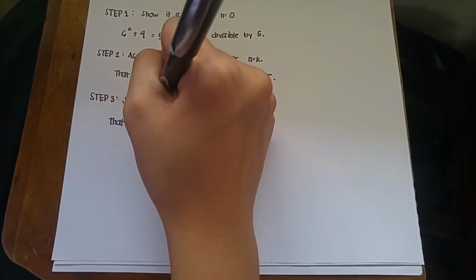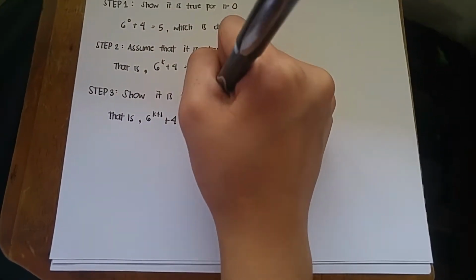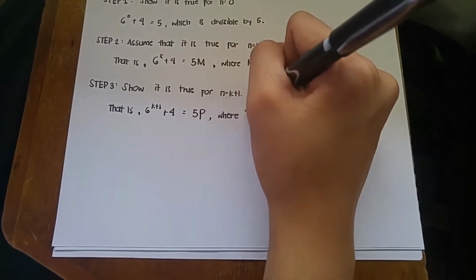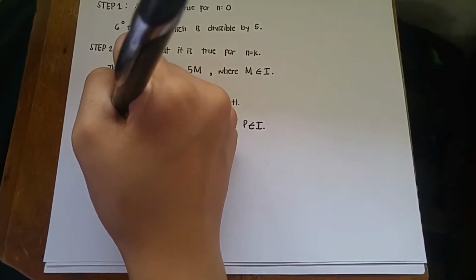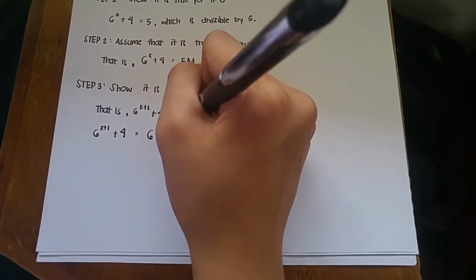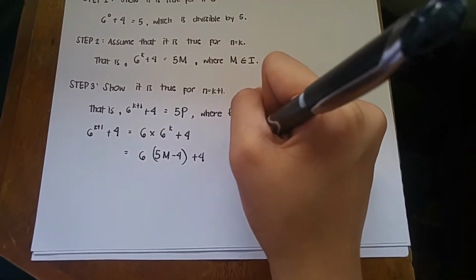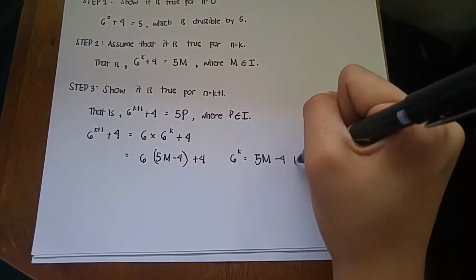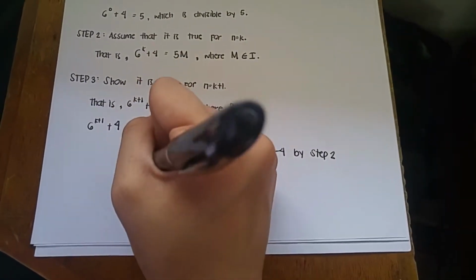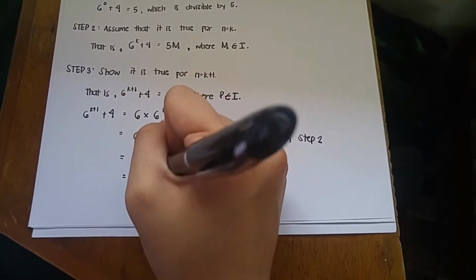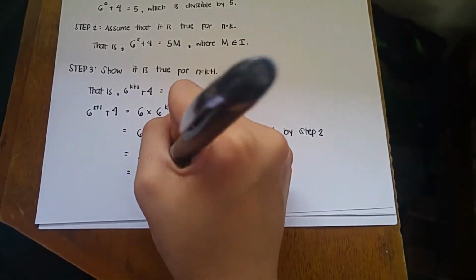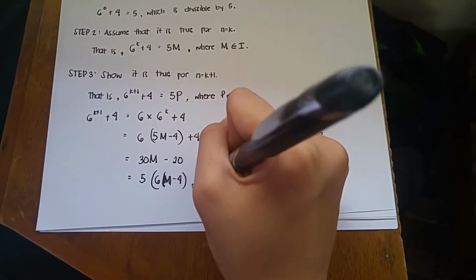6^(k+1) + 4 is equal to 6 times 6^k + 4. It is equal to 6 times the quantity 5m minus 4, plus 4, where 6^k is equal to 5m minus 4 from step 2.